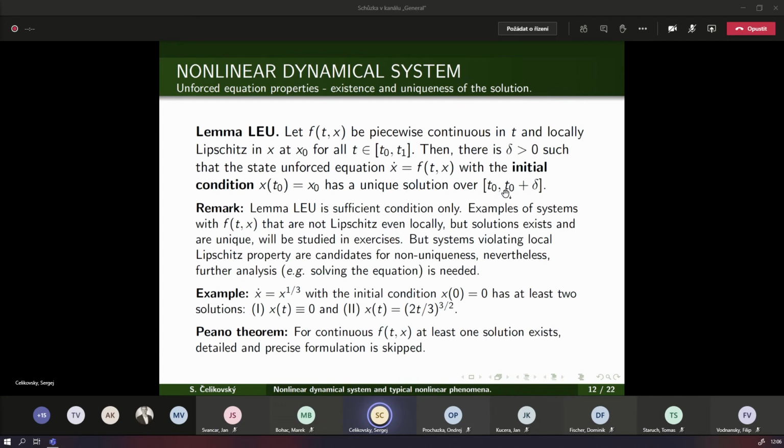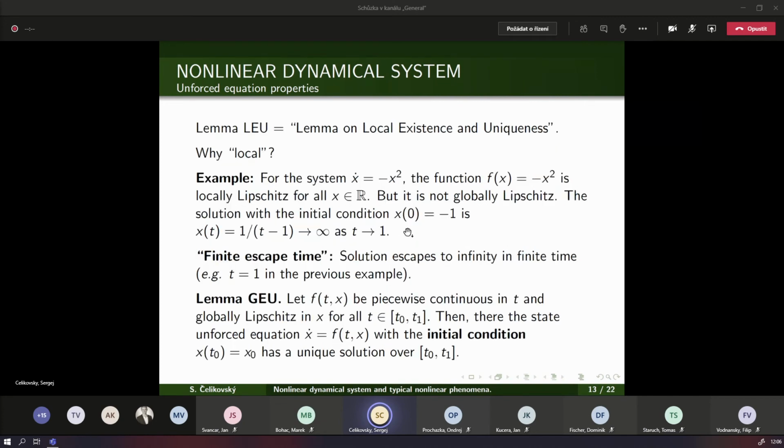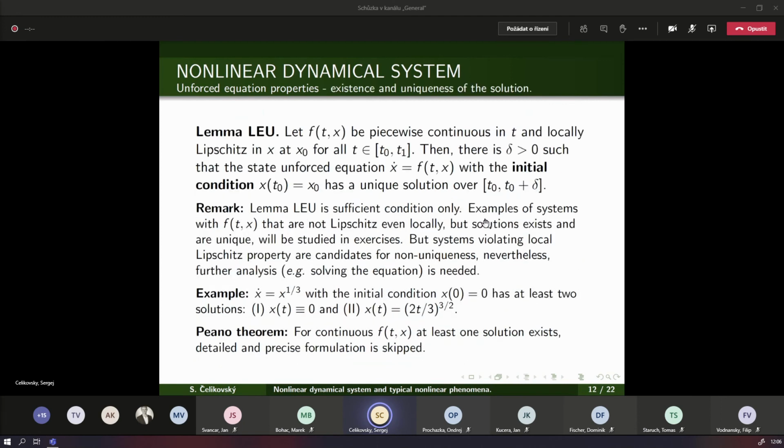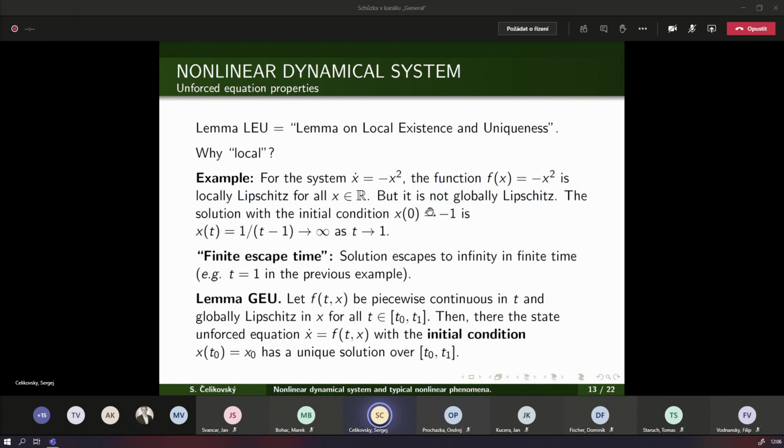But now you can see here that it doesn't exist really for all time. So here this delta will be some finite number. If you take this equation with initial condition -1, then the solution is this one, the unique solution.